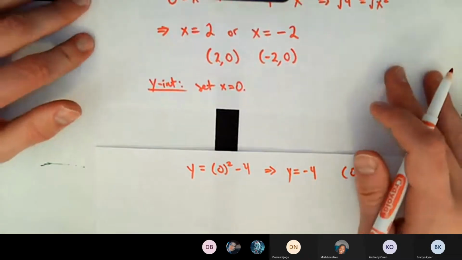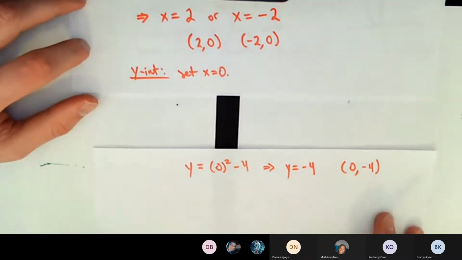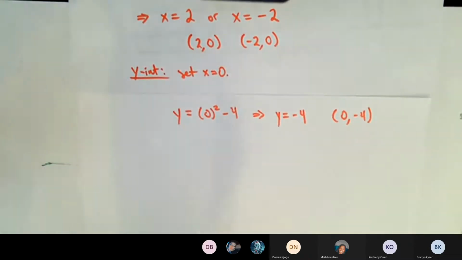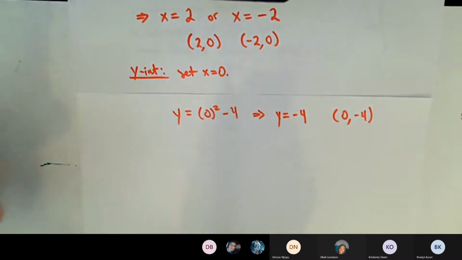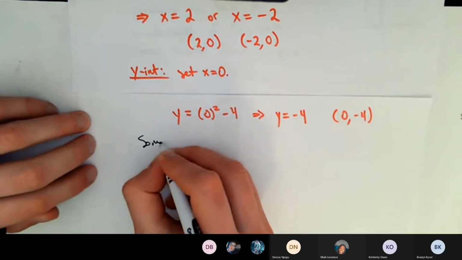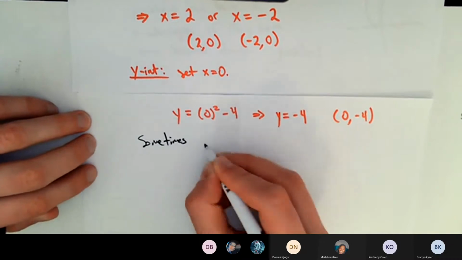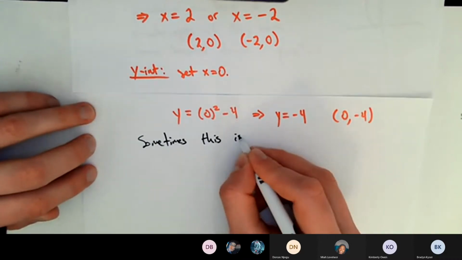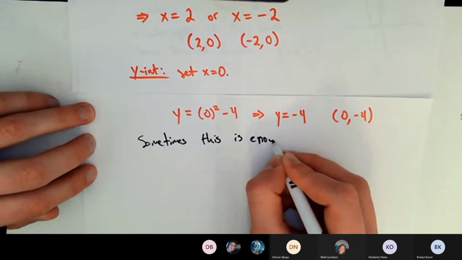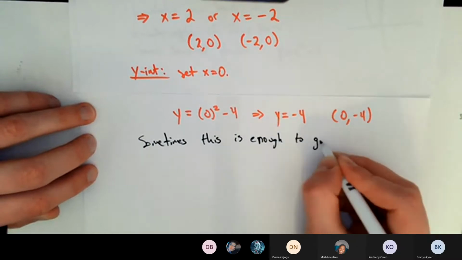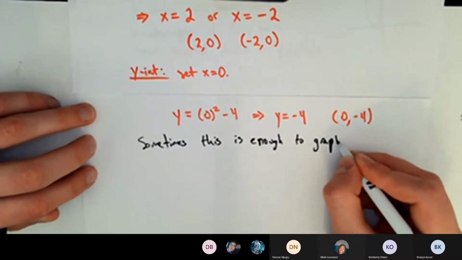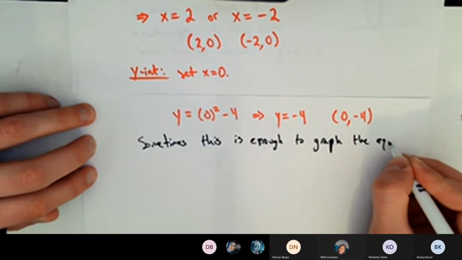Now, if you are in certain situations when the equation is acting nice and the x and y intercepts kind of fall out like this, sometimes this is enough to graph it. Graph the equation.